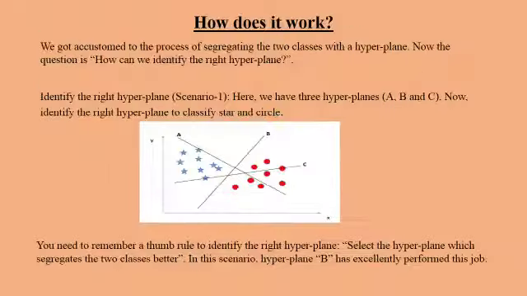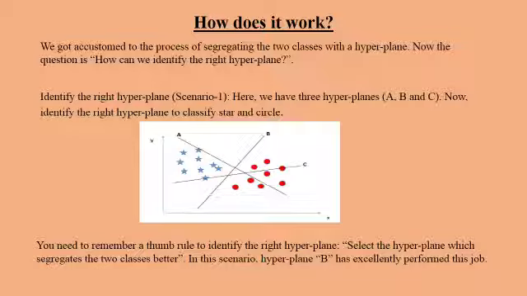Let us see how SVM works. We got accustomed to the process of segregating the two classes with a hyperplane. Now the question is, how can we identify the right hyperplane? Let us understand scenario 1. Here in this picture we have hyperplanes A, B and C. Now identify the right hyperplane to classify star and circle.